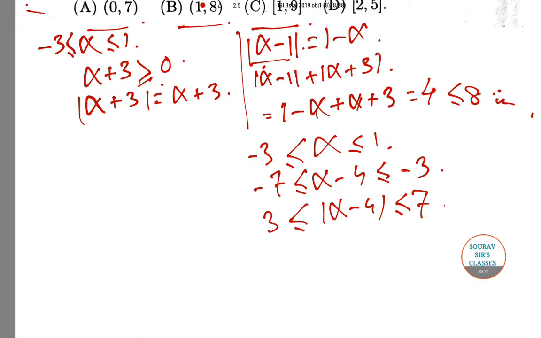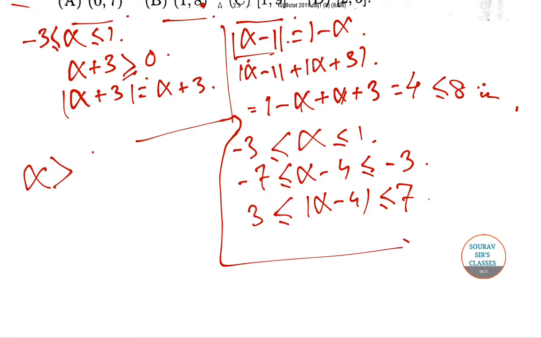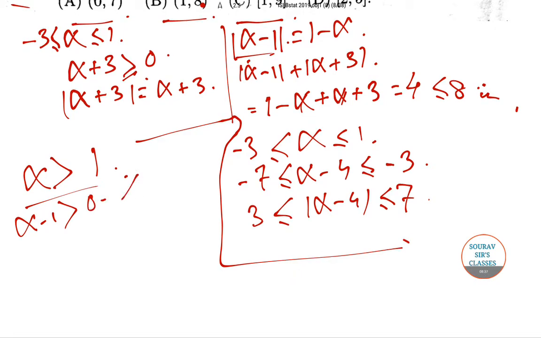Now let the case 3 here, alpha greater than 1. Alpha greater than 1 means alpha minus 1 is also positive and alpha plus 3 is positive also.